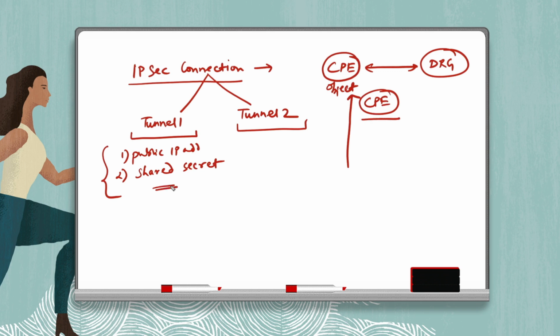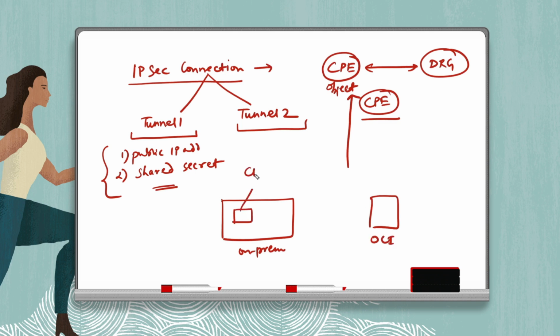And sometimes what might happen is, let's say this is OCI, on the on-prem side the CPE device may lie behind a NAT device. So this is your NAT device. It has a public IP address. Now, by default, Oracle uses the customer premises equipment's public IP address.